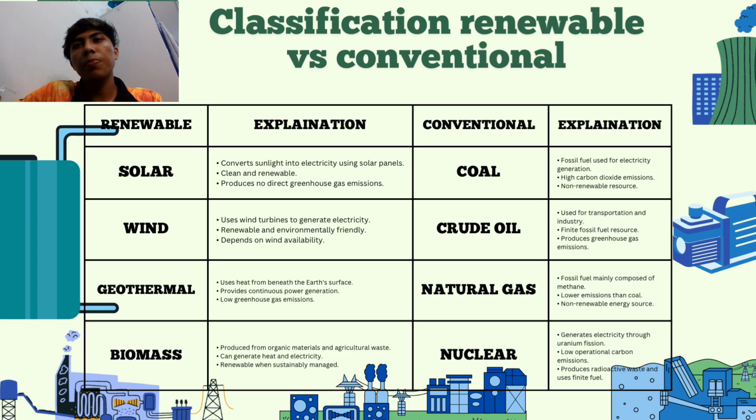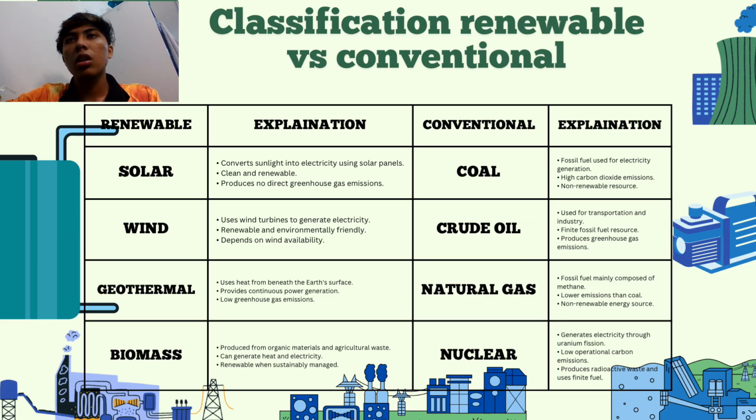It is clean, renewable, and produces no direct greenhouse gas emissions. Next is wind, where wind turbines generate electricity. It is also renewable and environmentally friendly, but its performance depends on wind availability.